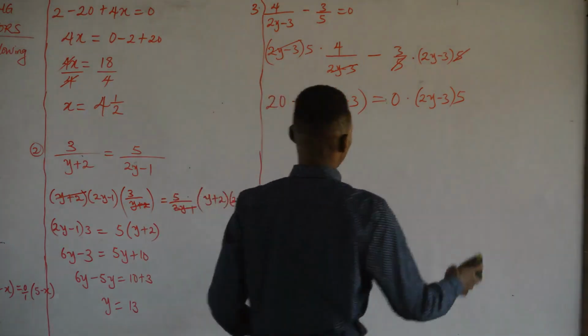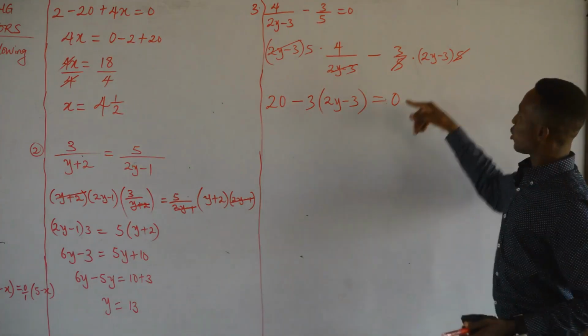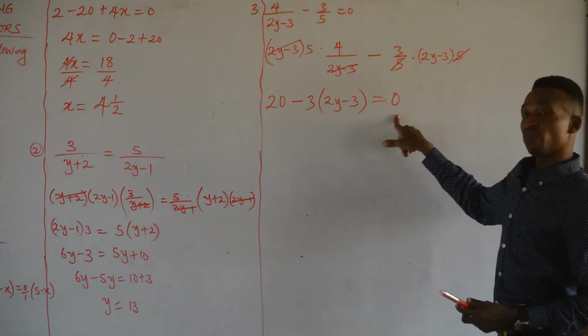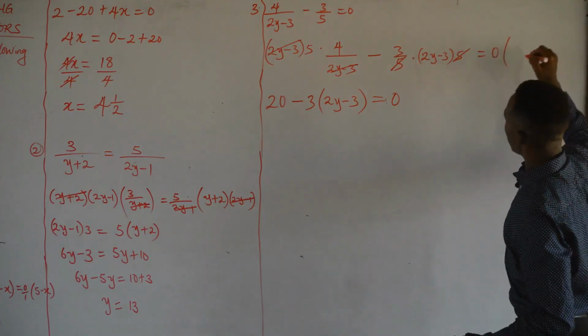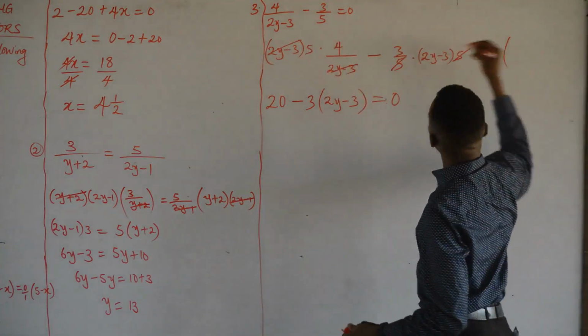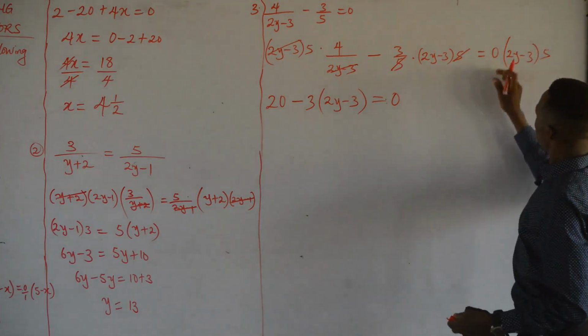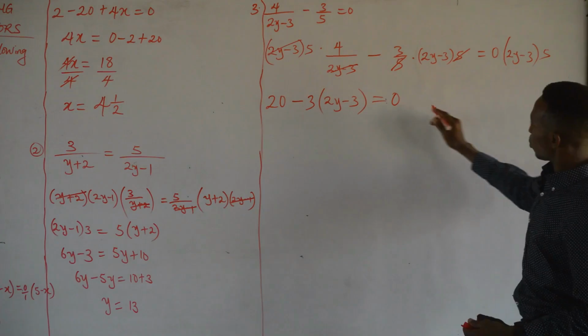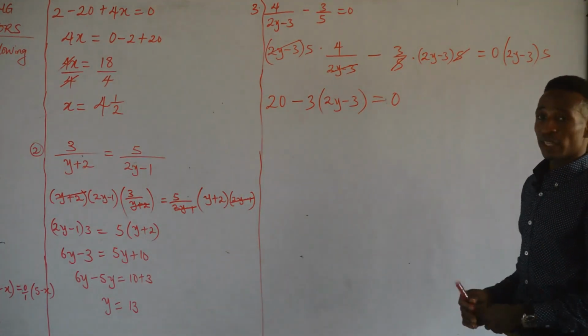What I wrote here, I'm supposed to have written it here so that I will not have to repeat that particular line. Let me bring it here. Equals to 0 into 2y minus 3 bracket 5. Whatever you multiply by 0 here gives you 0. So I've written the 0. Instead of repeating the line that is here, I don't need to write it again.